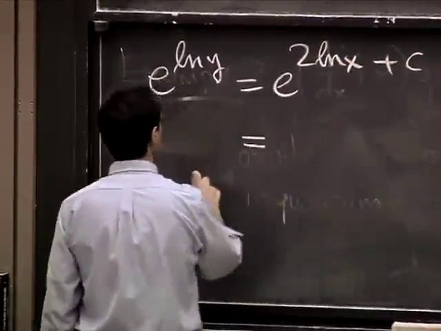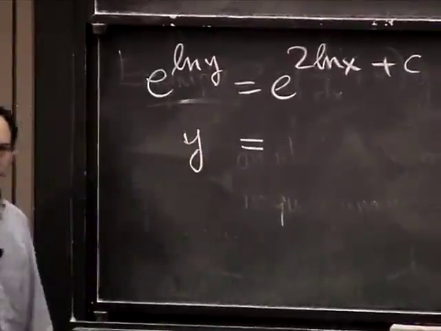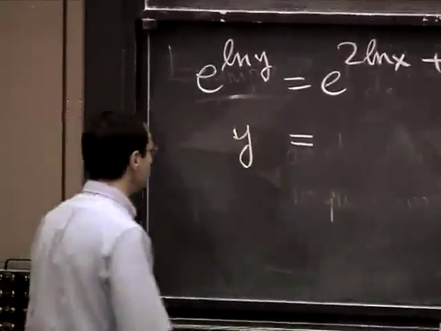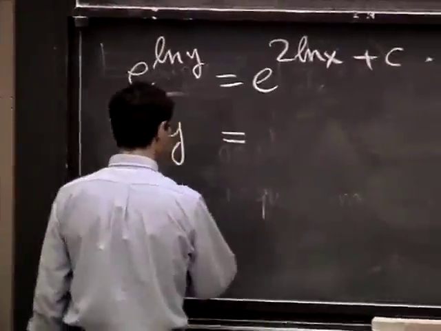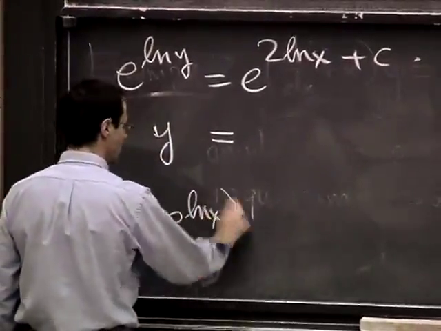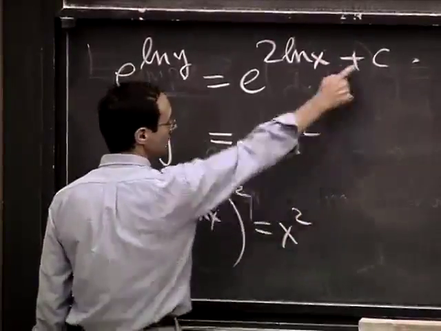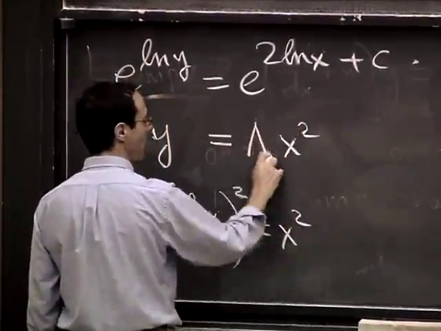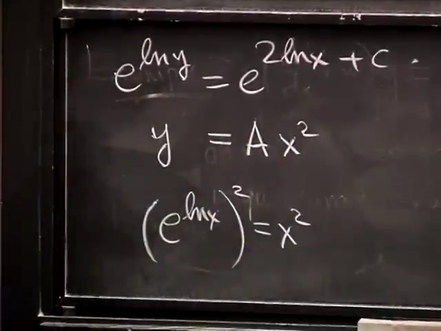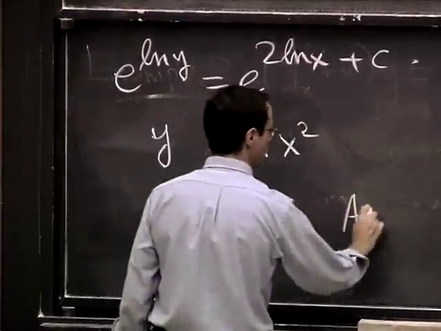So again, this is y on the left-hand side. And on the right-hand side, it's e to the log x squared, which is x squared, and then there's an e to the c. So that's another one of these a factors here. All right? A is equal to e to the c.